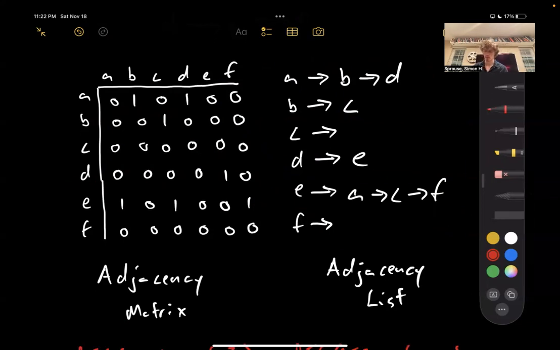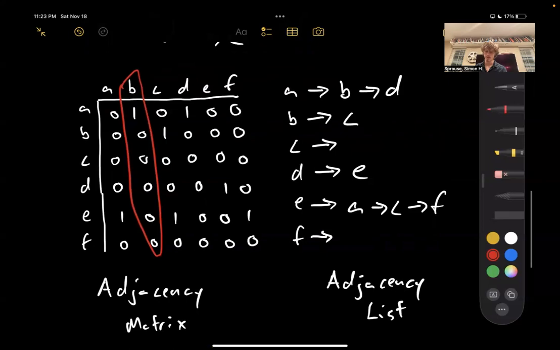Each row represents the nodes that you can reach from A. So A can reach B, it can't reach C, it can reach D, it can't reach E, and so forth. If we flip this and look at the columns, a column tells you the nodes that can reach a node, so kind of the opposite direction.